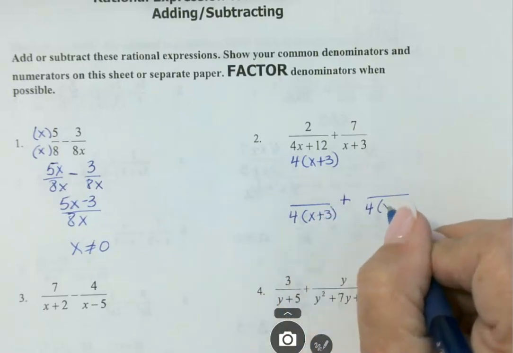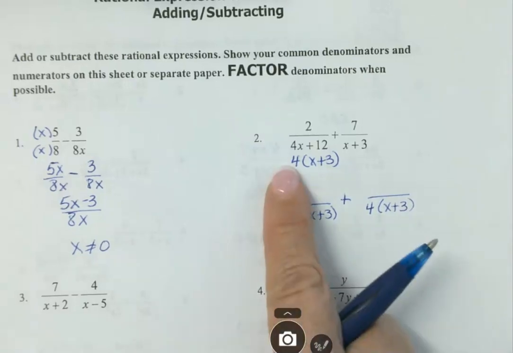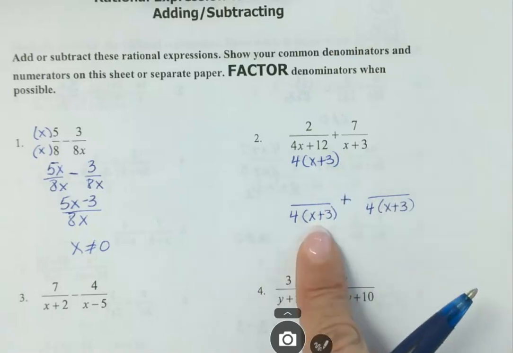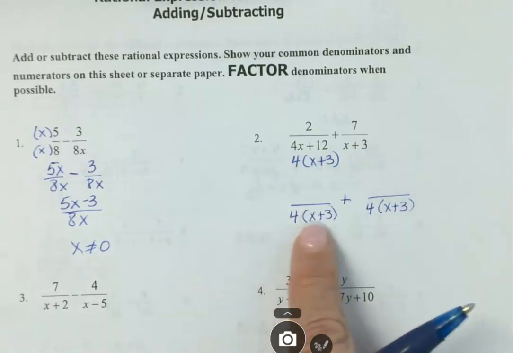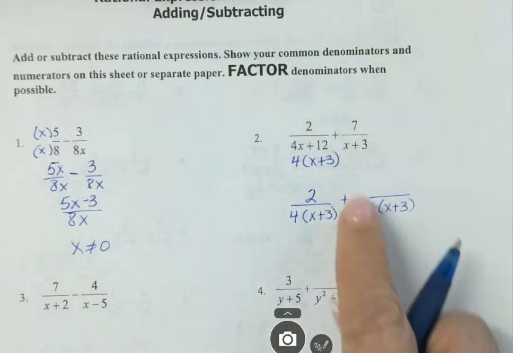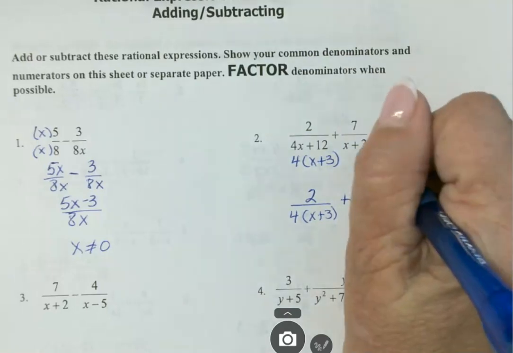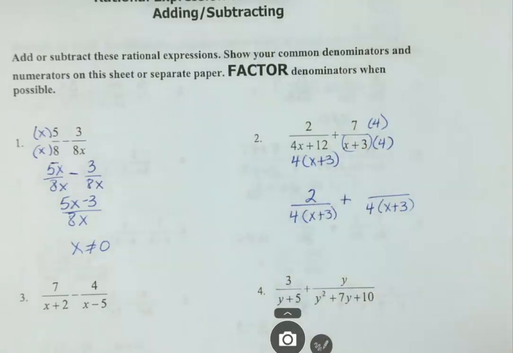Don't repeat. Just because there's an x plus 3 here, I don't put another one here. I need one 4 and one x plus 3 for this one. For this one, I need an x plus 3. Well, I already have it. So now when I look at this, I've already got this denominator. I don't need to multiply by anything. But on this side, I have the x plus 3. I don't have a 4. So I need to multiply numerator and denominator by 4.